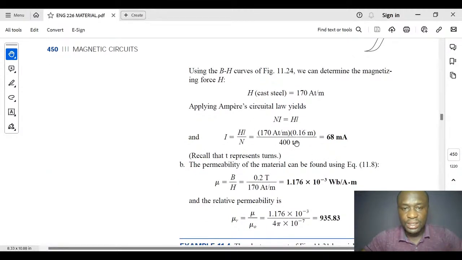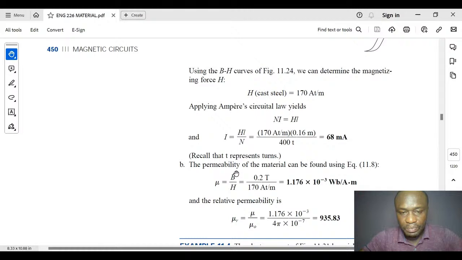So applying it to this circuit, we have that 170, which is the magnetizing force for cast steel, times the length over 400 turns, will give us 68 milliampere. I will still copy this and send it to you on the platform so that you go through it.